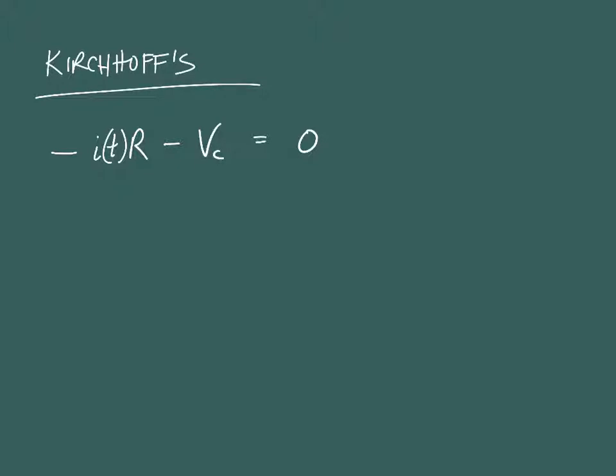So you're going to get R dq/dt will equal Q per C. All right.